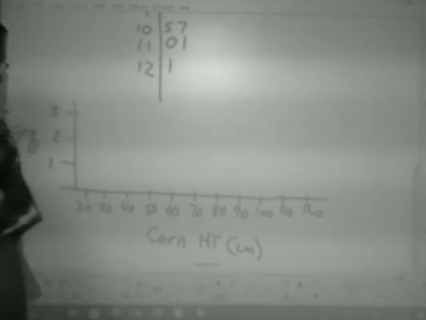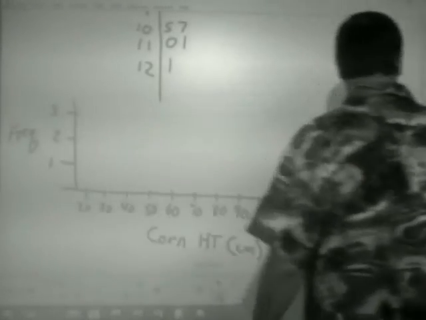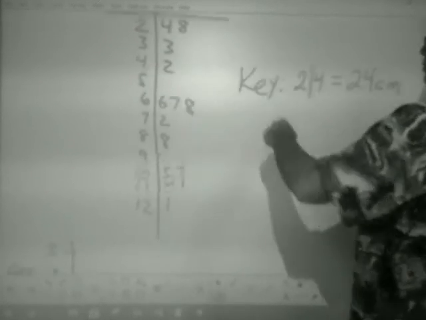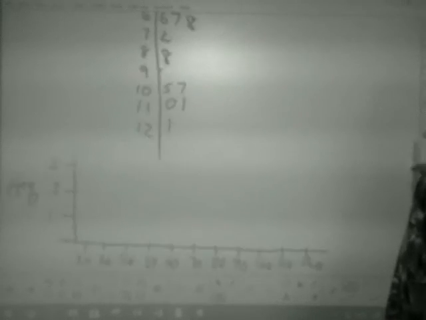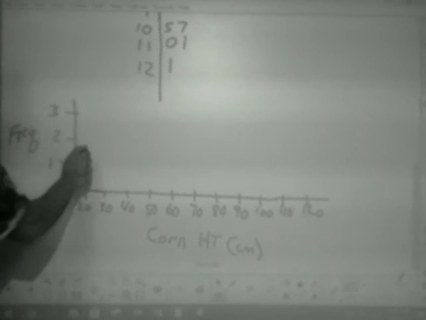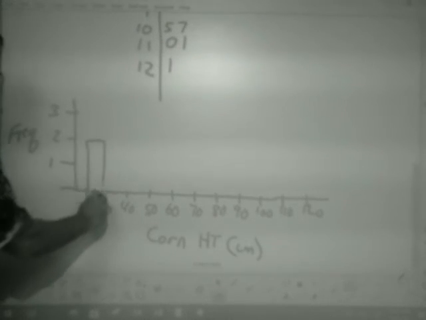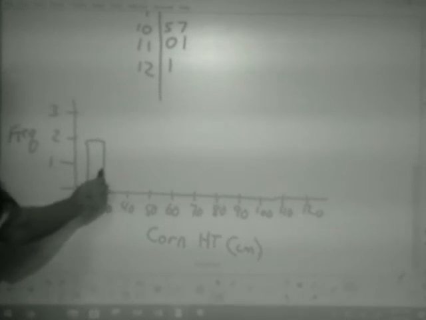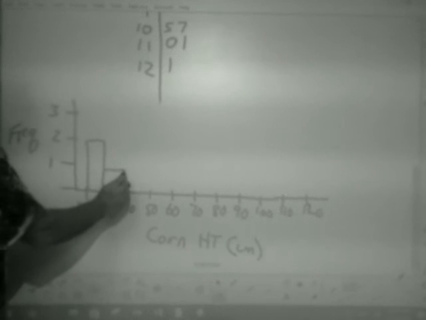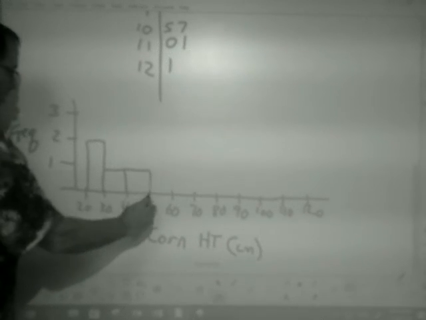So now I put a bar in, and again, I have to count. There are 2 numbers in the 20s, 1 in the 30s, 1 in the 40s. So at the 20s, I go up to the 2 mark, over and down. 1 in the 30s, it shares this edge. 1 in the 40s, it shares this edge.